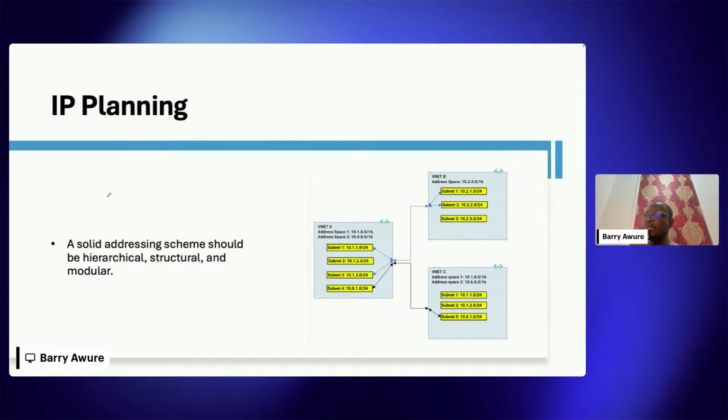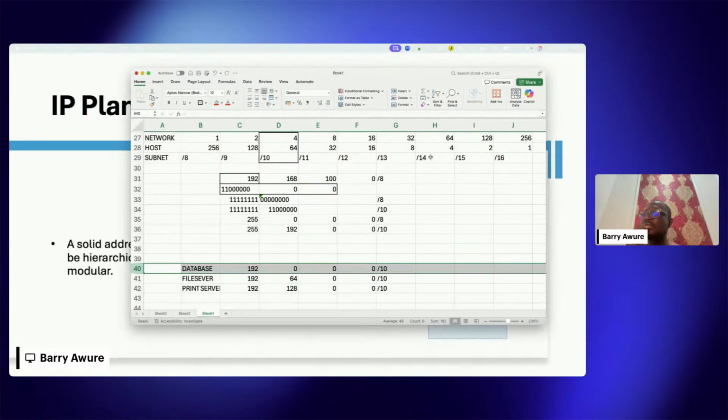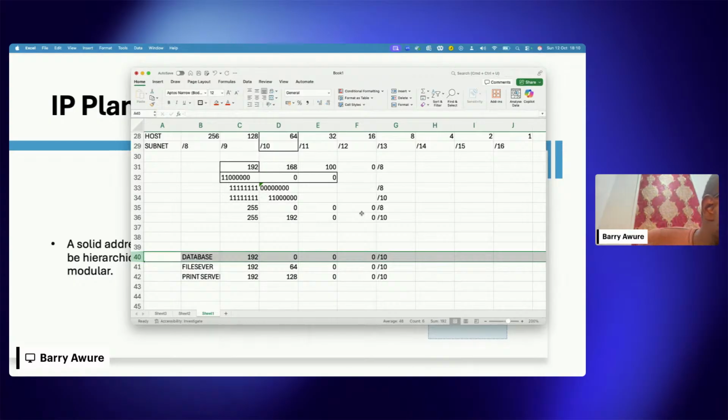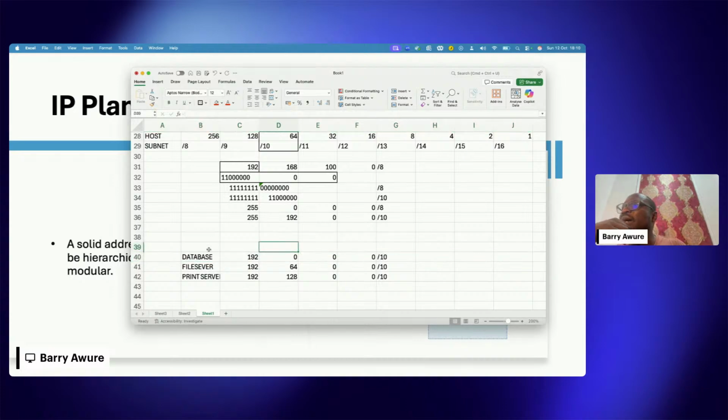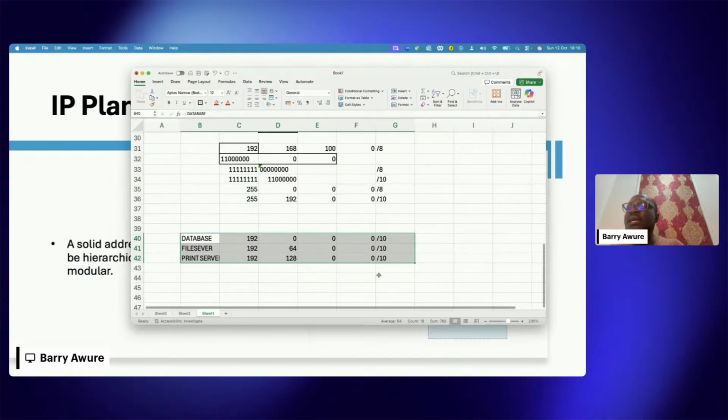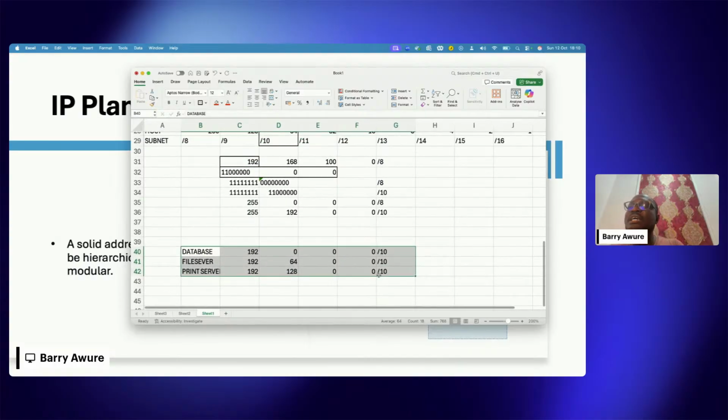IP planning. Now, you will notice when we talked about this, it's more or less like we are trying to summarize or build this network in a manner that we can easily identify the networks or identify the different IP addresses based on allocations, right?